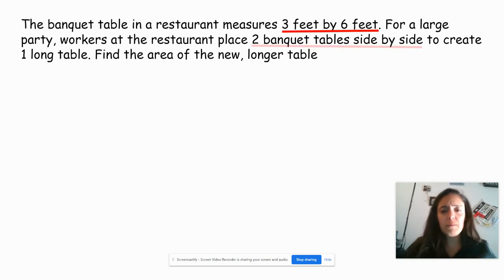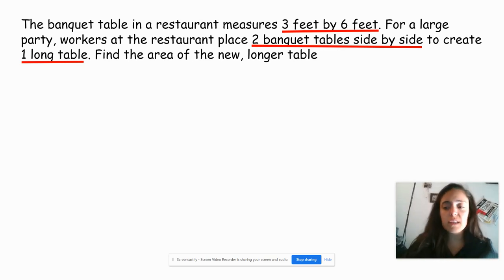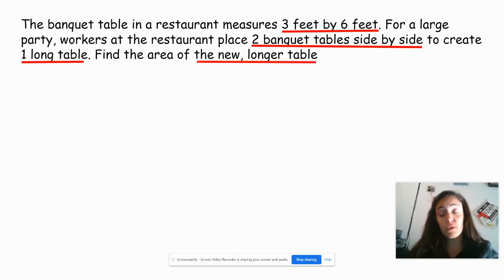So I would underline 2 banquet tables side by side and one long table. Now, we want to make sure we're not underlining the whole thing because it can be a little bit tricky and then we won't be able to see what exactly I'm trying to do. So last but not least, find the area of the new longer table. Again, what's important? What would I underline? I think I need to find the area of the new longer table.